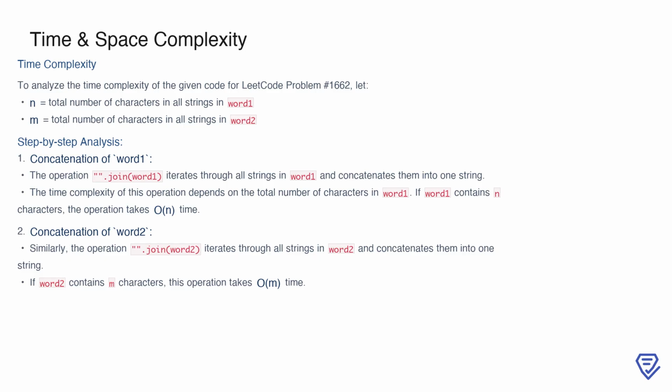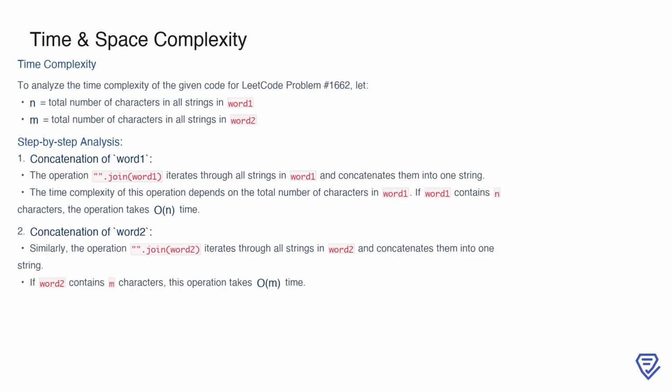To analyze the time complexity of the given solution, we need to break down the major operations step by step. First, consider the concatenation of all strings in word1. The operation join(word1) iterates through each string in the array and combines them into a single string. The time taken for this operation depends on the total number of characters in word1, which we denote as n.